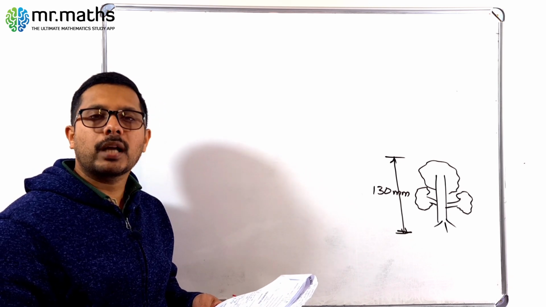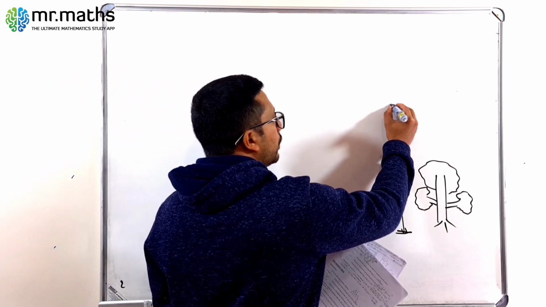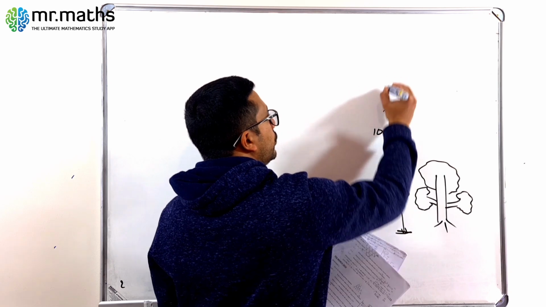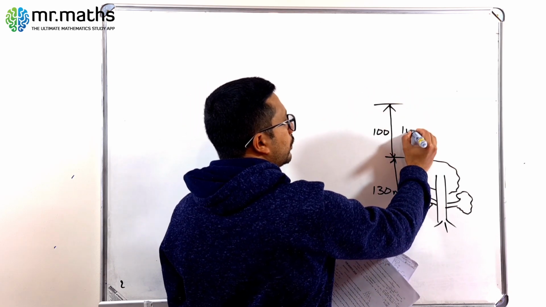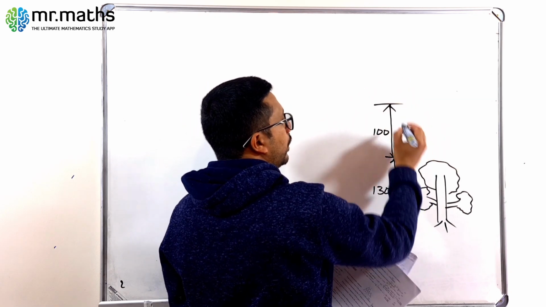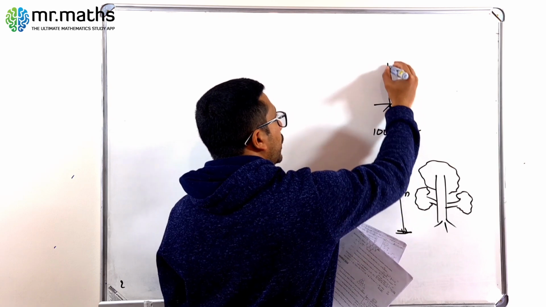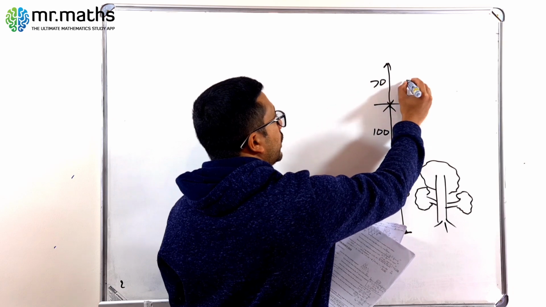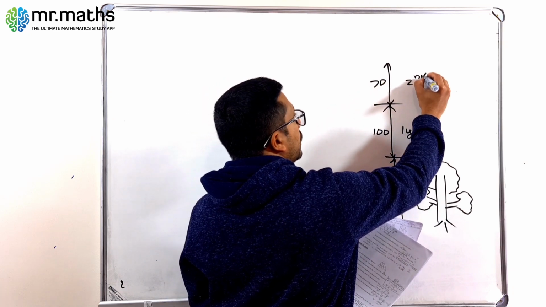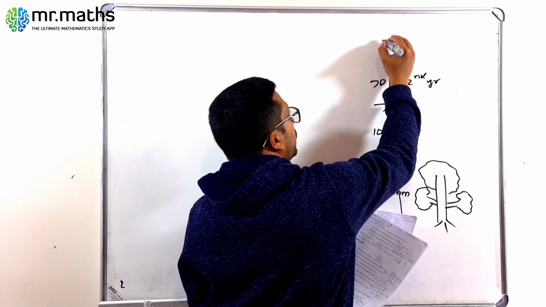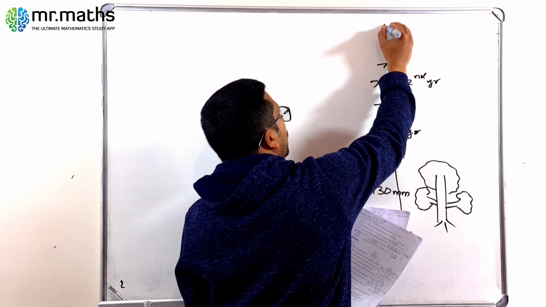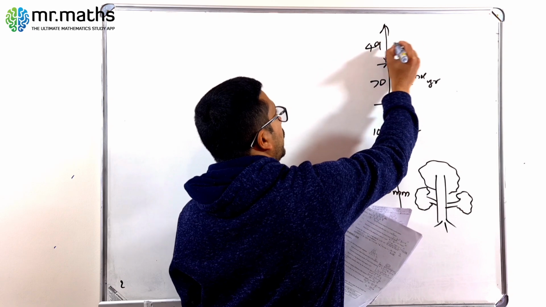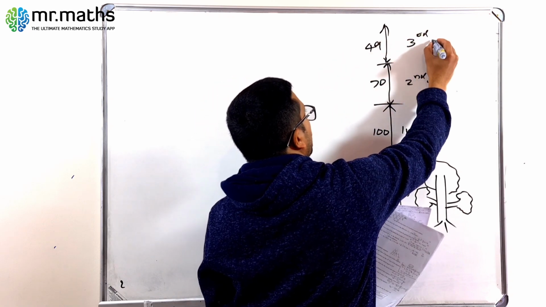After the first year, another 100 millimeters. The second year, a 70 millimeter increase. The third year, only a 49 millimeter increase.